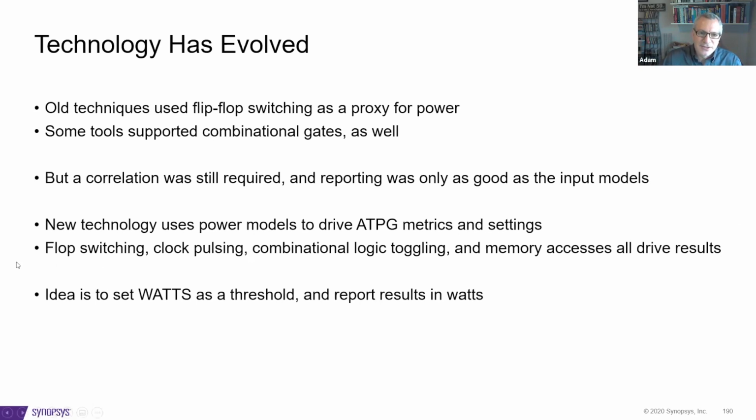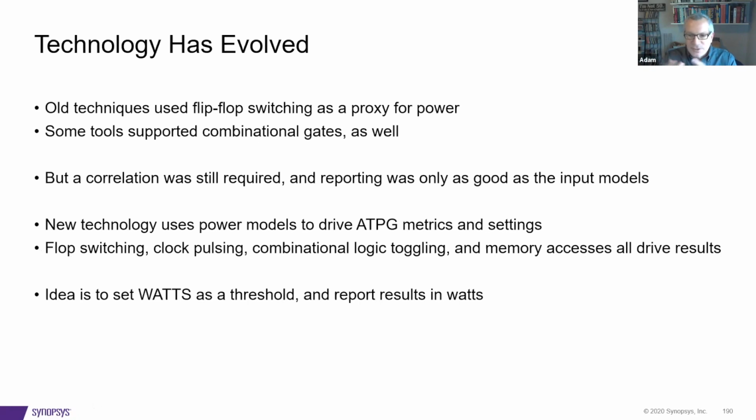So there's some new technology that we're working on, which uses power models to drive ATPG and metrics. So instead of just 1-0 flip-flop switching, we're actually looking at what happens when a flop switches or a clock pulses or combinational logic toggles or memory gets accessed, and how that drives current use of the device.